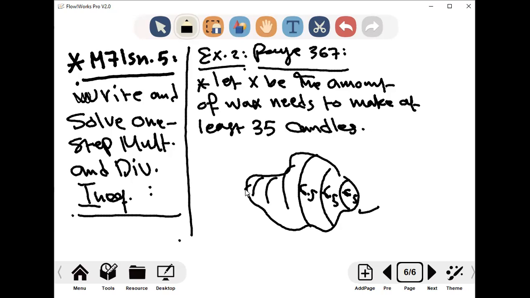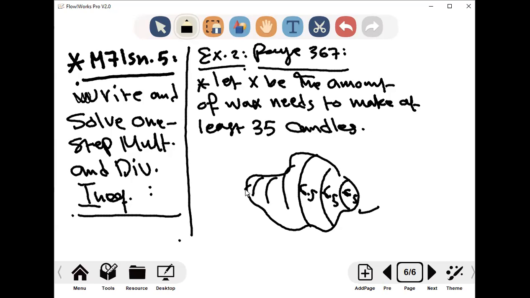So the amount of wax divided by what? By 6.5, because each candle needs how much? 6.5 ounces. Got it? Do you understand? So here we will divide x, the amount of wax, by 6.5 to know how many candles.